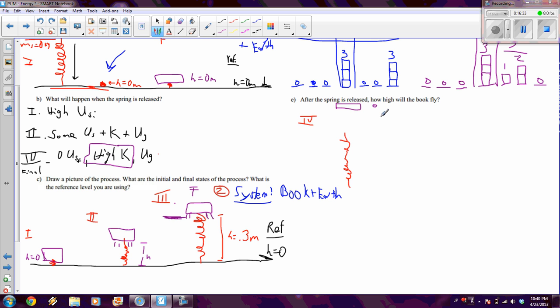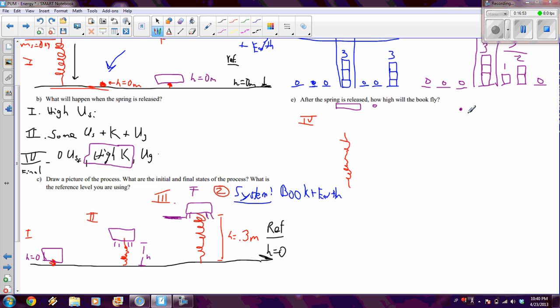Why is it going to stop at this point? We can draw a force diagram on this book, and let's represent it with a dot. So when the book is at the top, what is going on here?